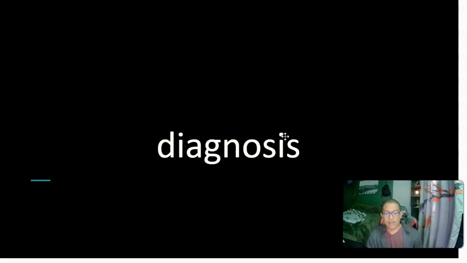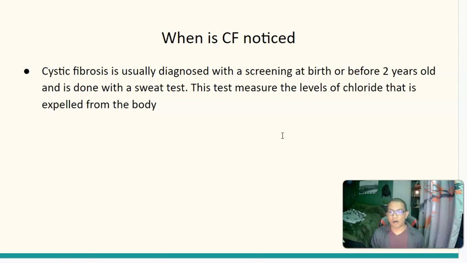Now, the interesting thing I found when doing this research was how this disease is diagnosed. Cystic fibrosis is actually diagnosed somewhere between birth and 2 years of age, and it's done through what's called a sweat test. What they essentially do is put a pad on you that heats up your skin and causes you to sweat.